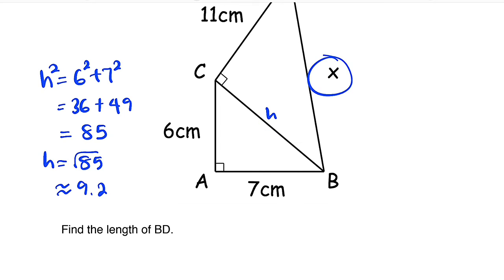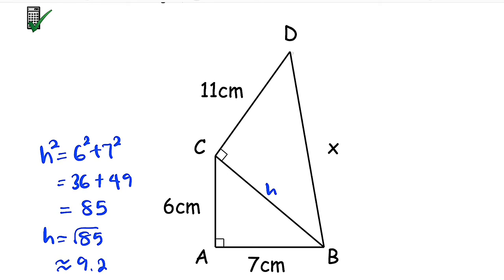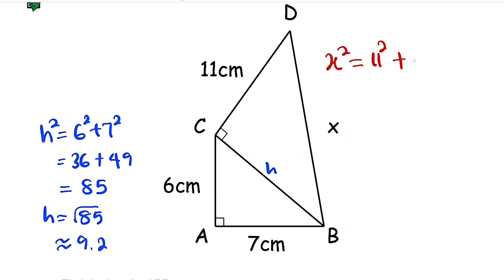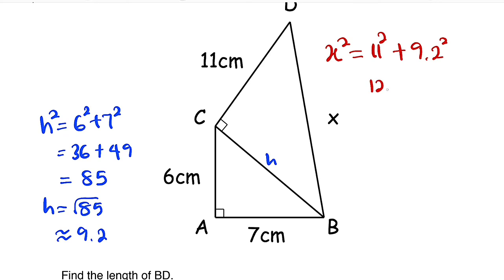But remember, this is what we are looking for. Then you should consider this one another right angle triangle for which x is the hypotenuse. So x squared will be equal to what? 11 squared plus h squared, but h squared will be 9.2 squared. 11 squared is 121 plus 9.2 squared will be 84.64. Then you add it to 121.